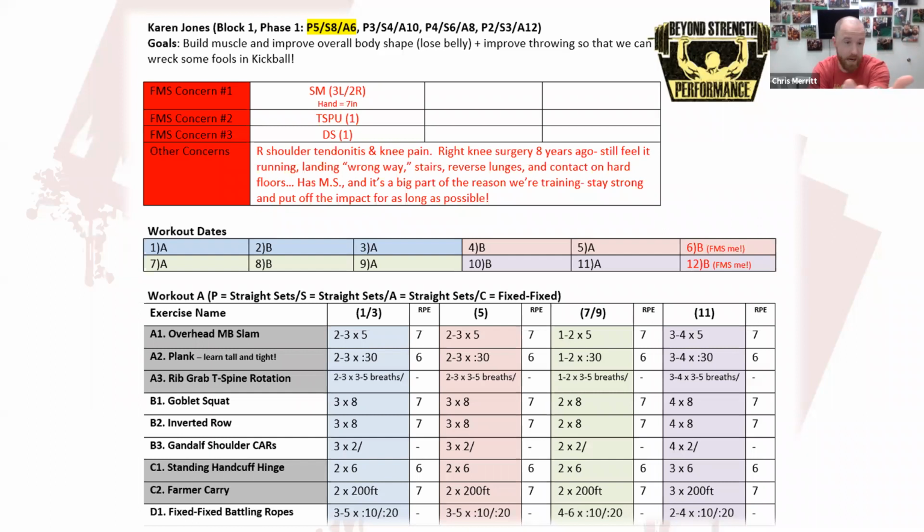I have one here actually: build muscle and improve overall body shape, and then in parentheses, lose belly. I would never state it that way, but that's literally what this person wrote, plus improved throwing so we can wreck some fools in kickball. I will say that I did change it to wreck some fools in kickball.